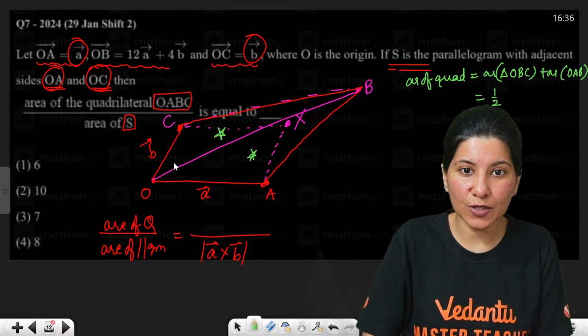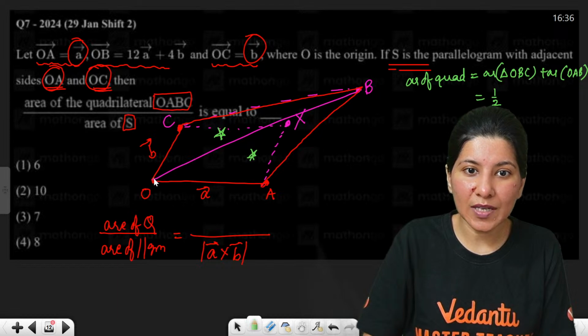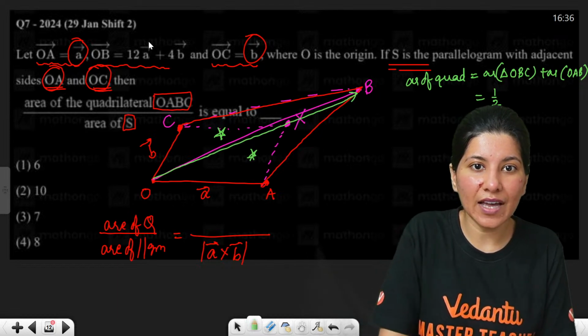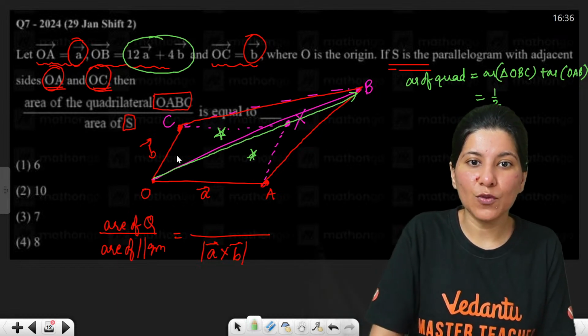And magnitude also. So this is going to become OB vector. They have given OB as 12A plus 4B.